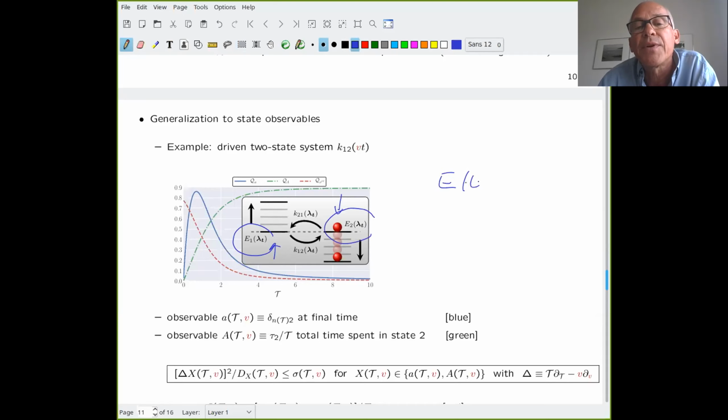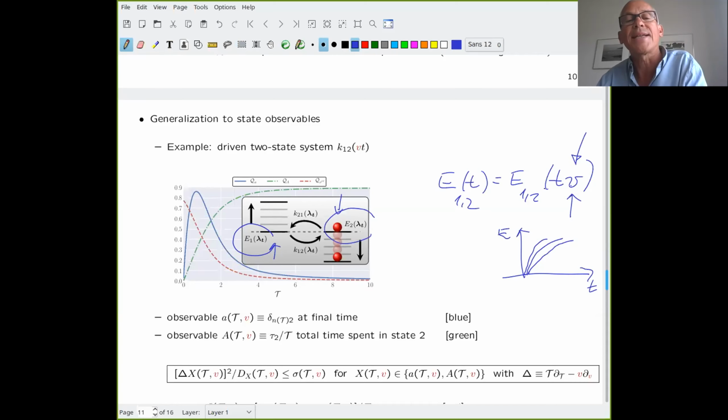So the energy as a function of time is some function, and this function involves a speed parameter. So for instance, this could be something like this, and when we do it faster, it will be this, or when we do it slower, it will look like this. Okay, so this is the speed parameter. And as an observable, we just ask, is the system at the final time in state 2?